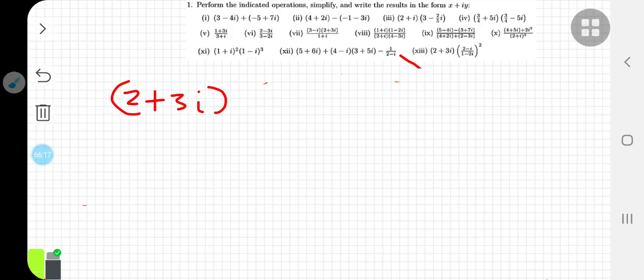So now we are going to have something which looks like 4 plus 3i over 5, squared.